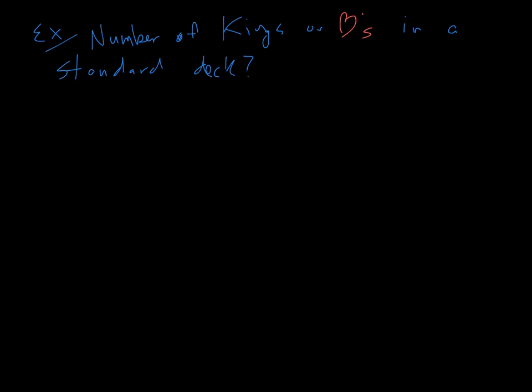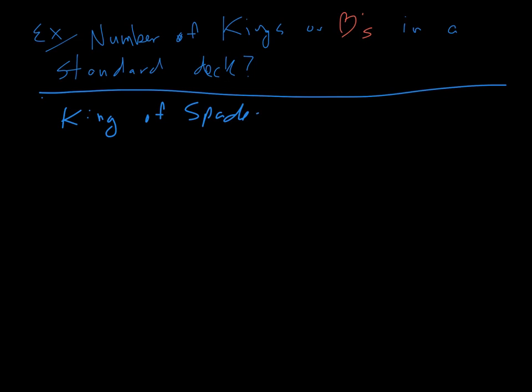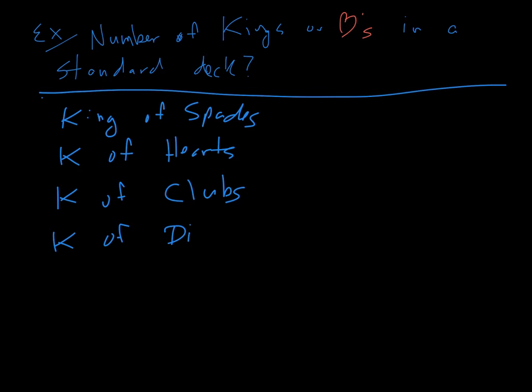Okay, think about a standard deck of cards. I want to see how many kings or hearts there are in a standard deck of playing cards. So if you don't recall, a deck has 4 kings. There's the king of spades, the king of hearts, the king of clubs, and the king of diamonds.